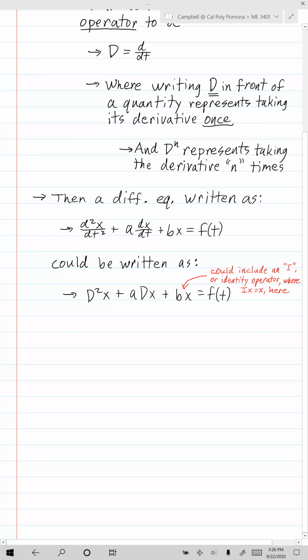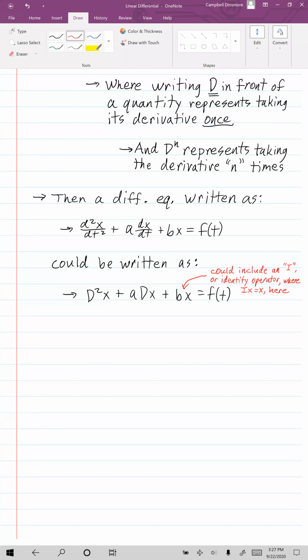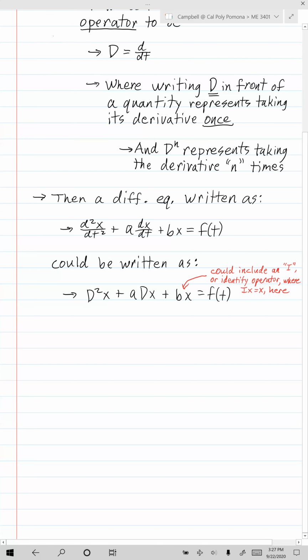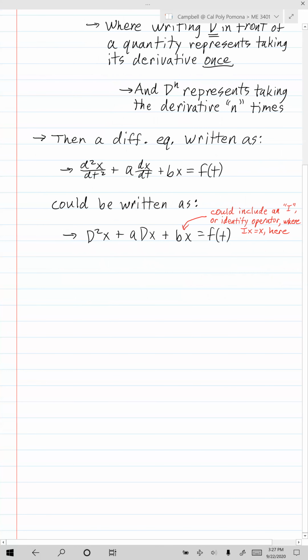But in order to reduce the shock in transitioning to our future topics, I'm not going to include that identity operator here. So understand, it could be included. It is more proper to include it. But in this particular case, I have a specific reason why I don't want to include it.